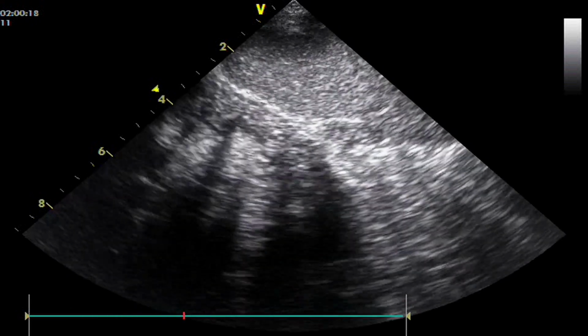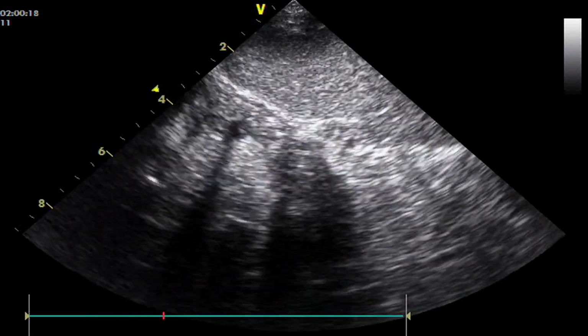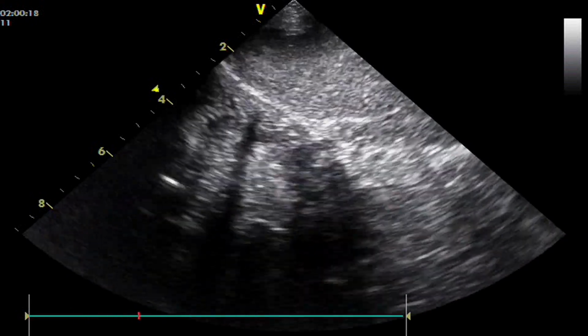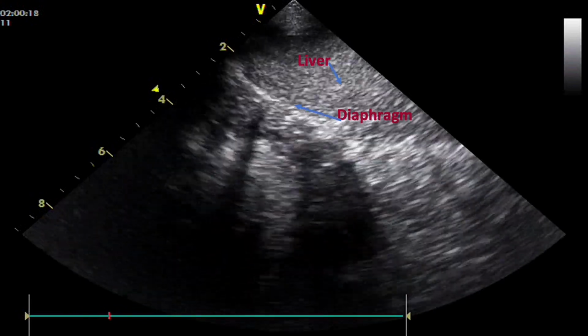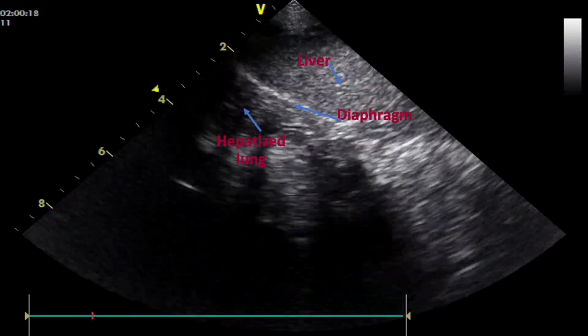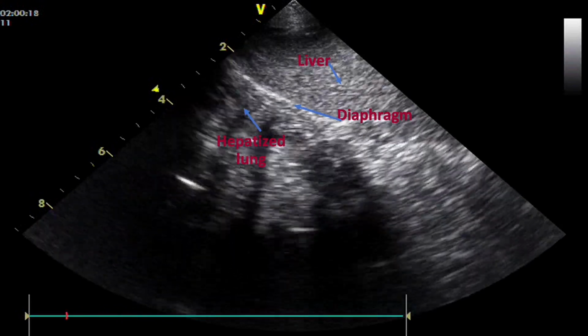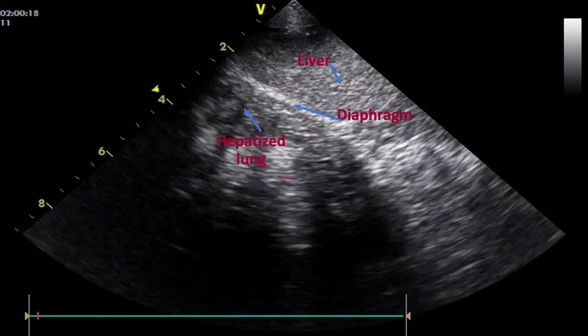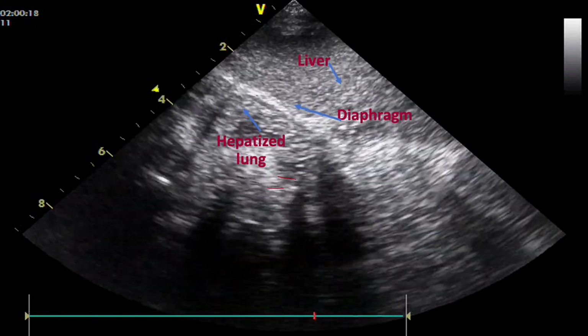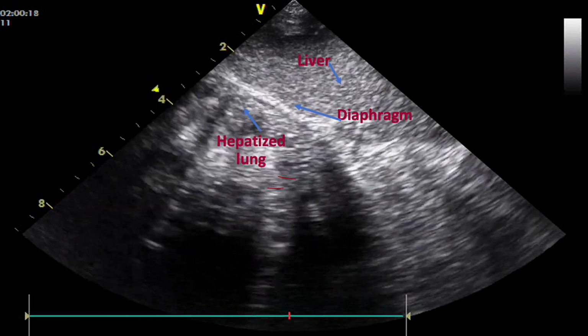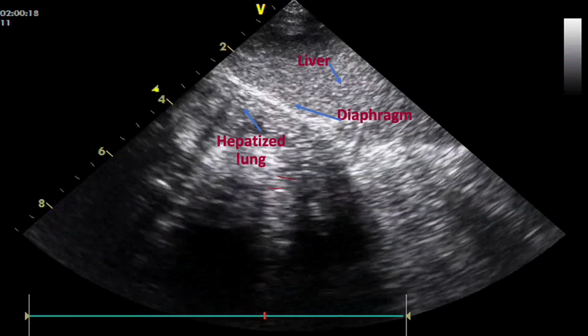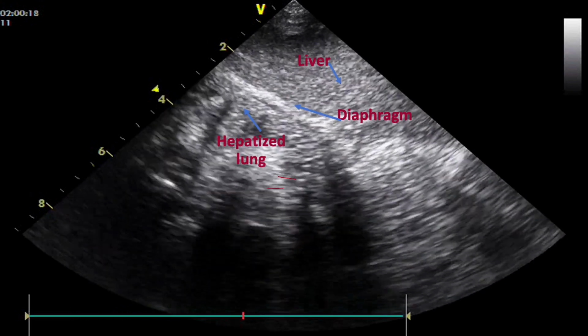In this video clip, you can see a hepatized lung over there, and here is the liver, here is the diaphragm, here is the hepatized lung, and in this area you can see those horizontal hyperechoic lines representing the air bronchogram that we will come to later.